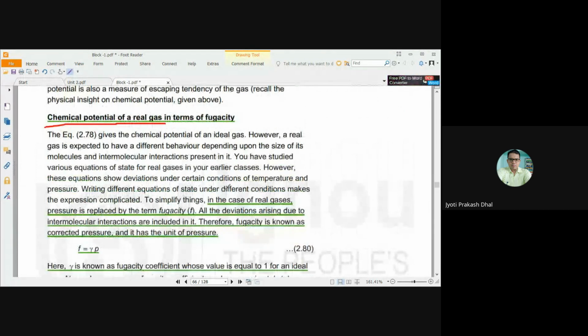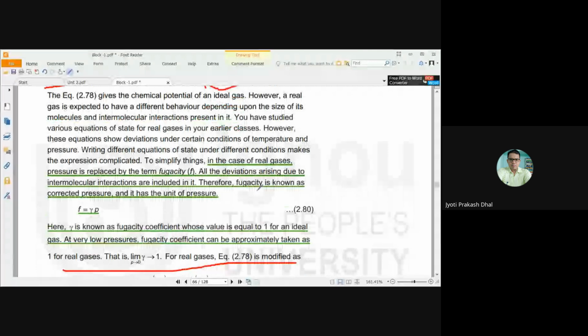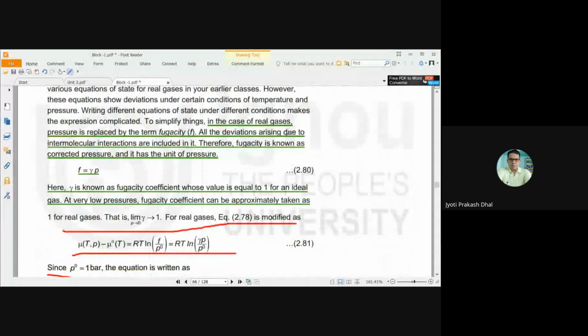In the case of an ideal gas, it is known as chemical potential, but in the case of a real gas, it is called fugacity. In the case of a real gas, the pressure is replaced by fugacity f, and all the deviations arising due to intermolecular interaction are included in it. Therefore, the fugacity is known as corrected pressure, and it has the unit of pressure.